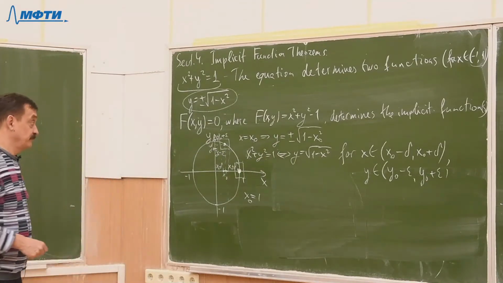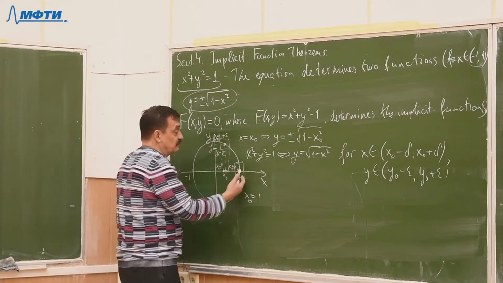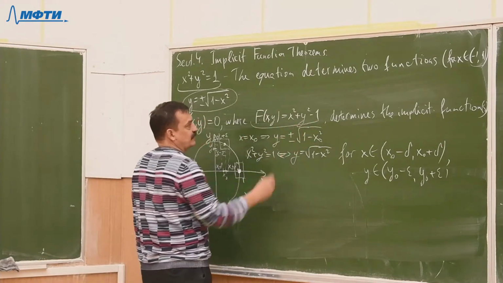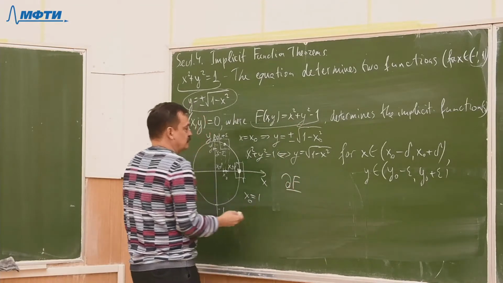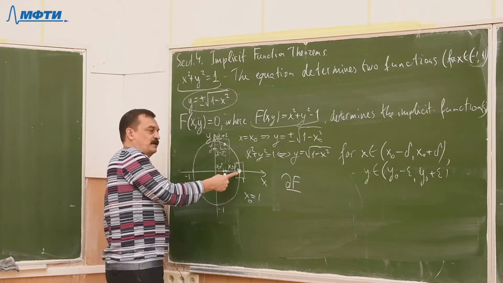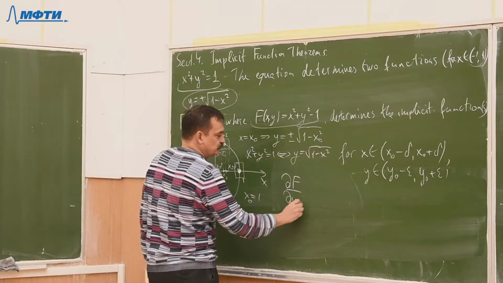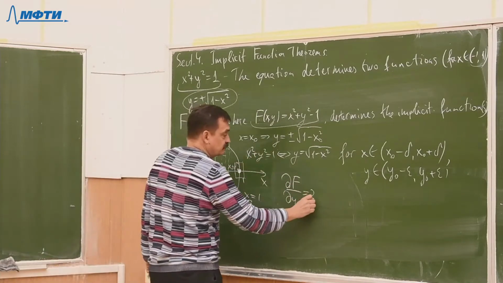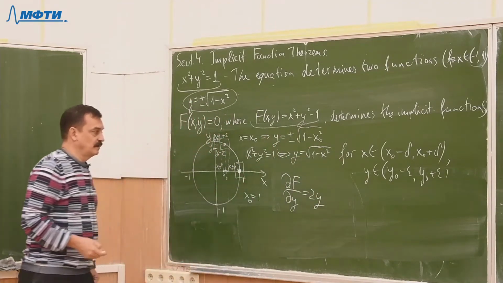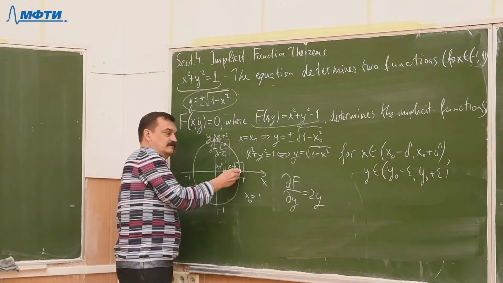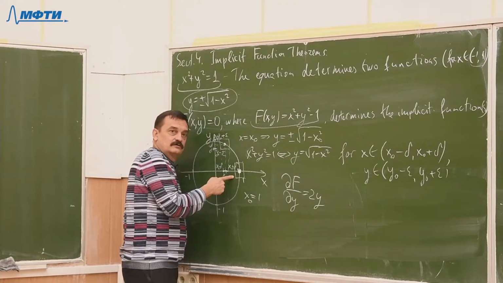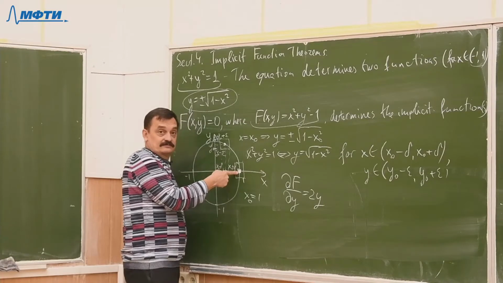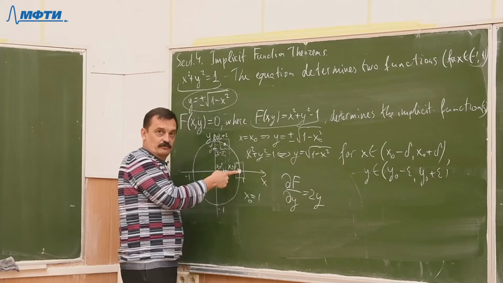And in fact, the reason is very simple, because if we write it like that, we want to solve with respect to y, and if we compute the partial derivative of f with respect to y, then it is equal to 2y, right? So for that point, y equals 0, hence the partial derivative equals 0, and that is the reason why we cannot solve the equation.